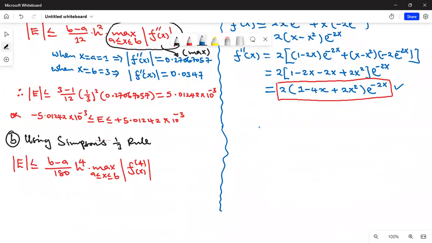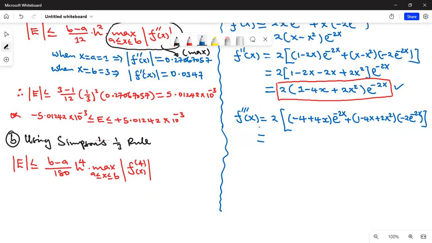So you write f triple prime of x. That should give us 2 into the derivative of 1 minus 4x plus 2x squared, which gives negative 4 plus 4x, keeping exponential negative 2x constant, then plus, now keep 1 minus 4x plus 2x squared constant, differentiate the exponential function, you get negative 2 exponential negative 2x.